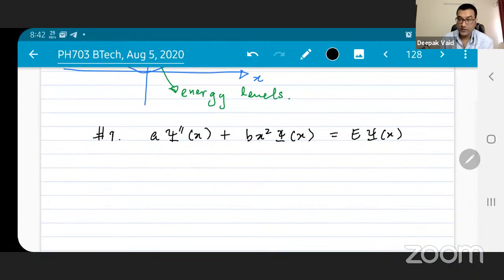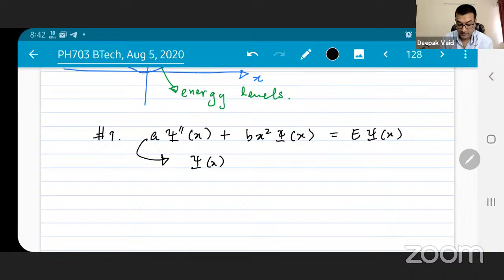Now, for this kind of equation, there are different ways of solving such differential equations. One of them is to write down a series expansion of psi of x.